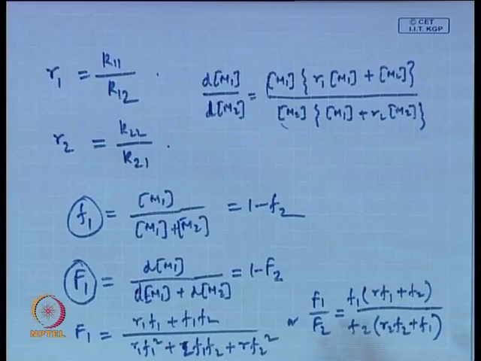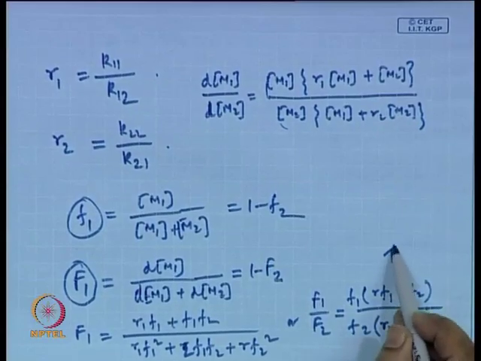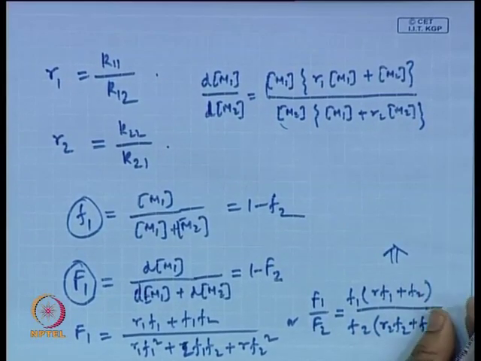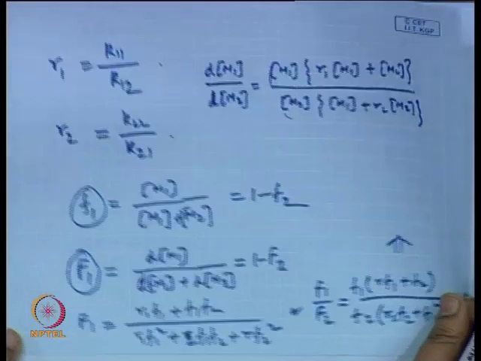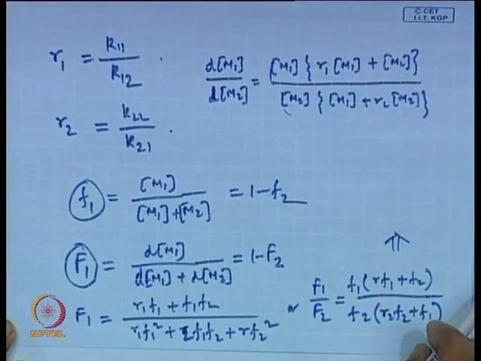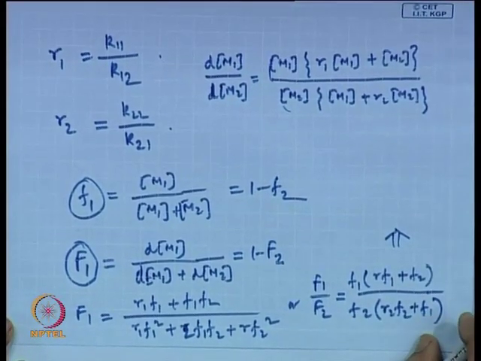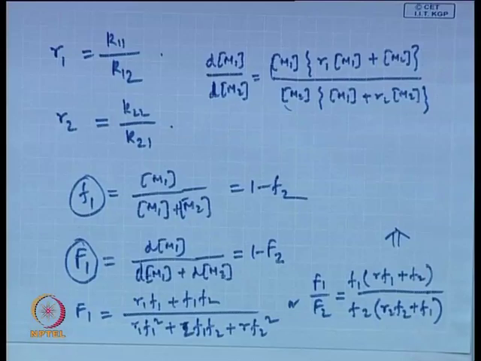Now, this expression has been verified for innumerable copolymer systems, and it is equally applicable to cationic, anionic and radical copolymerization. It is not dependent on the reaction initiation system you are following.